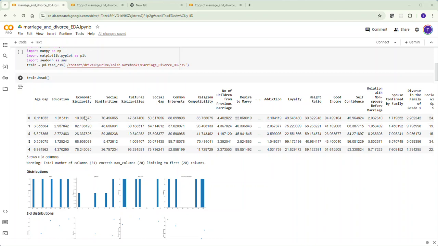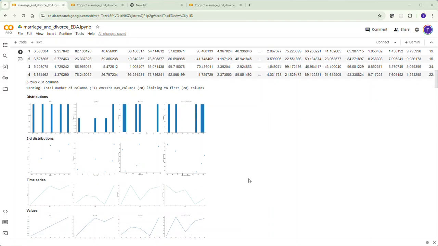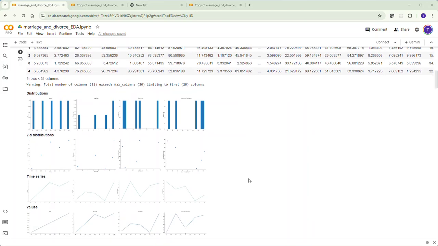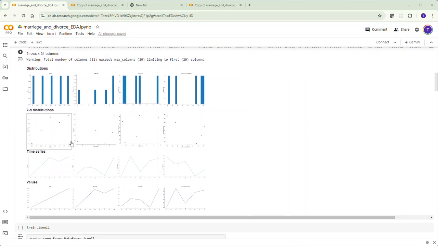So for instance, economic similarity in this case has a high divorce probability based on this data point. So that header information, the first thing that I did with this was generate some graph representation for it.